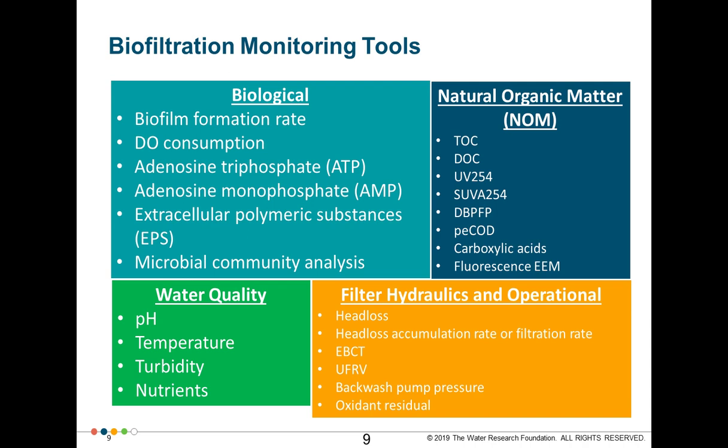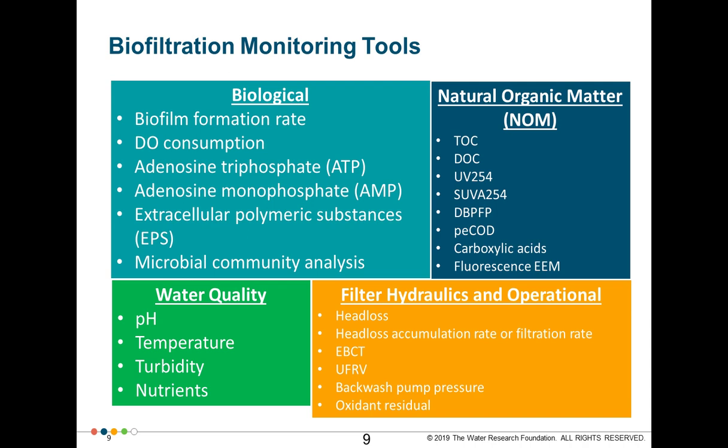This slide shows the monitoring tools that were included with our study. And today's talk is going to primarily focus on the biological monitoring tools. And those include the biofilm formation rate, dissolved oxygen consumption, adenosine triphosphate, or ATP, adenosine monophosphate, or AMP, extracellular polymeric substances, or EPS, and microbial community analyses.